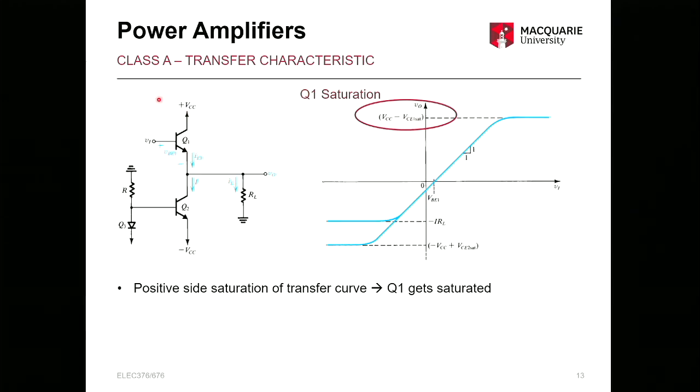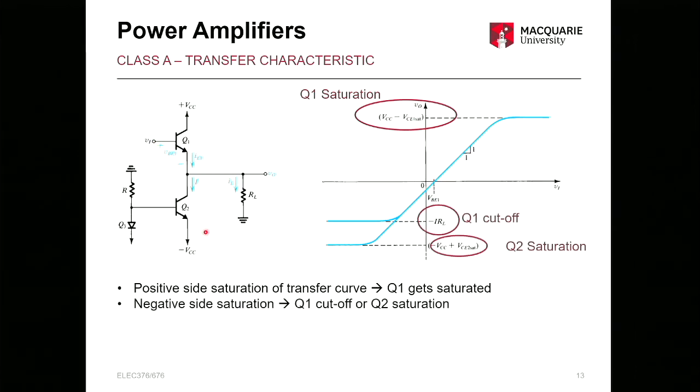On the negative side, we can have the Q2 saturation, so same thing, the minus VCC plus the VCE sat. But it may also be limited by the cutoff of Q1. If the full current I is going through RL, that would also cause Q1 to cut off and could be a limiting factor.